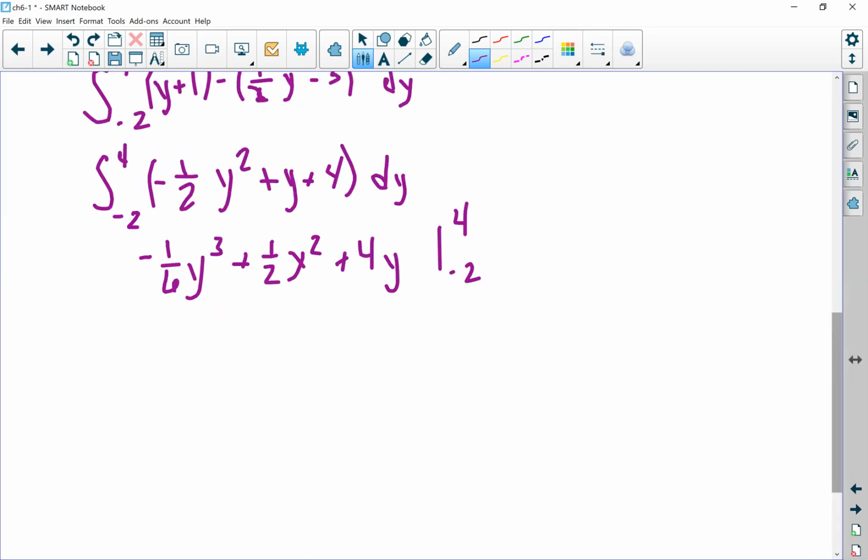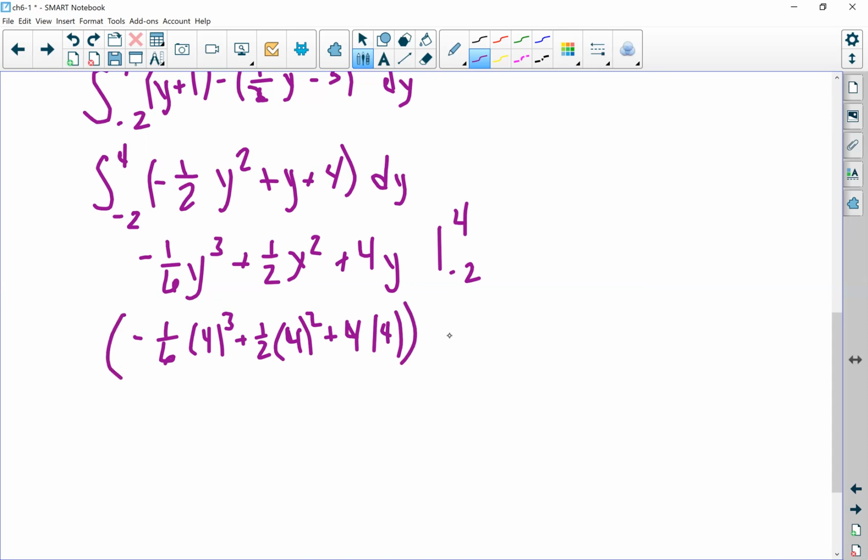Plug in the 4. Trying to make my 4's not look like y's. And plug in -2.